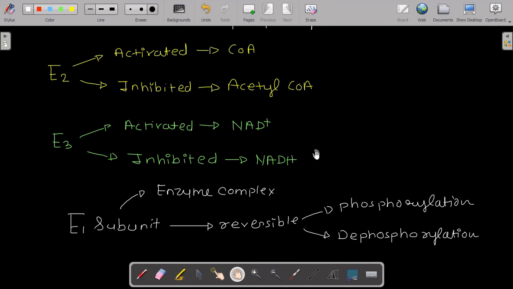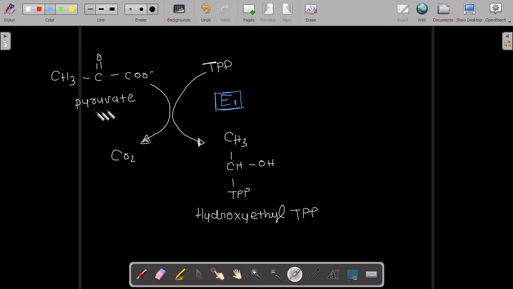Right. So you start with pyruvate, and this pyruvate combines with TPP to give hydroxyethyl TPP, and in the reaction a carbon dioxide molecule is released, and this is catalyzed by E1. Okay, so E1 is catalyzing the formation of hydroxyethyl TPP from pyruvate and TPP, and in this reaction a carbon dioxide molecule is released.